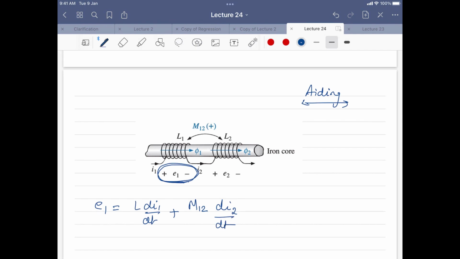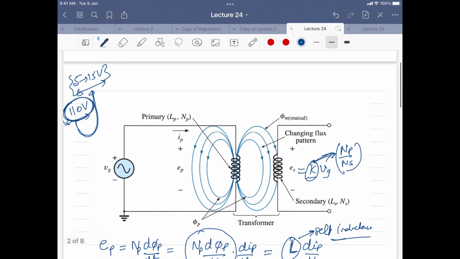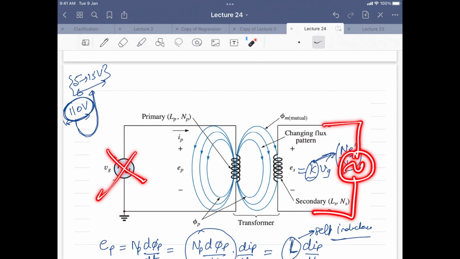Why this di2 by dt? In case you see here, let us switch the concept. If I remove this and put the alternating source on this side, will you all agree that whatever story I have told you will also be flipped?